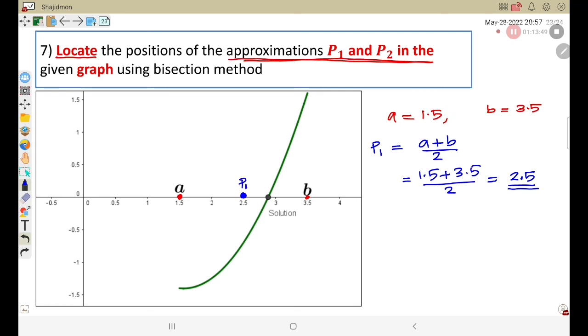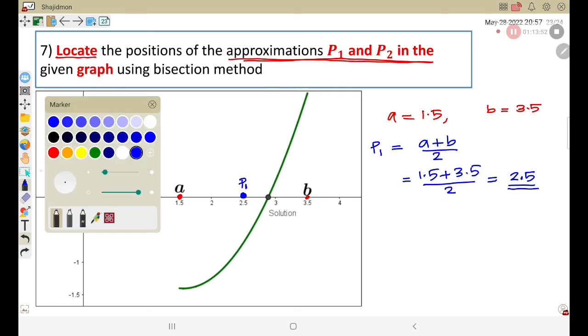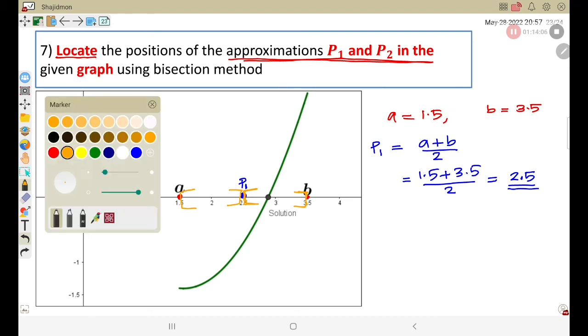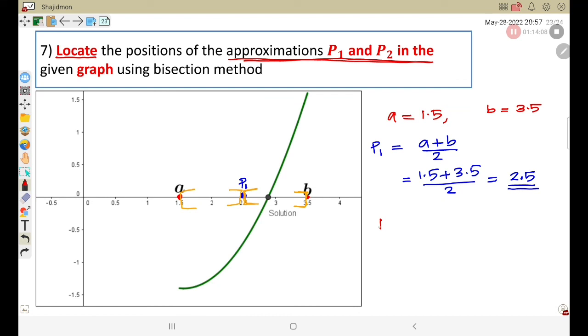Okay, so that we are getting two intervals. What are the two intervals? From A number to P1 and from P1 number to B number. Correct? Out of these two intervals, which one will we take for the next approximation P2? This is what is important. How are we checking that?